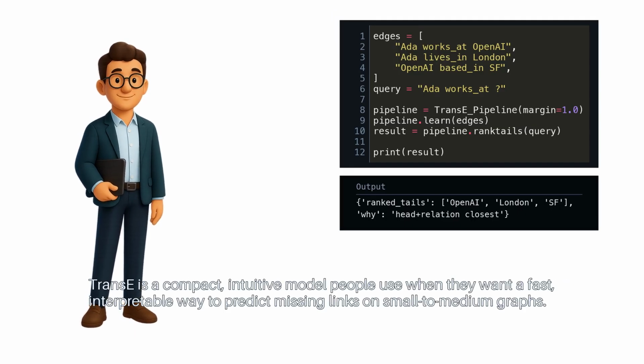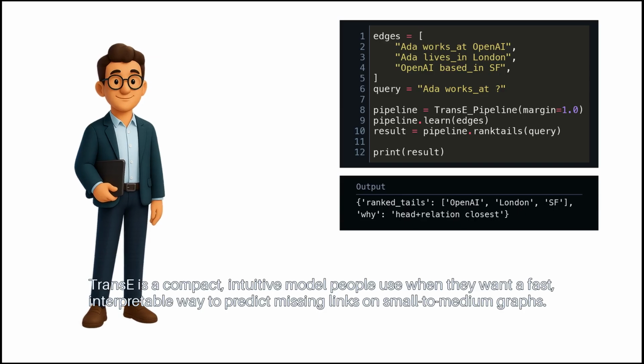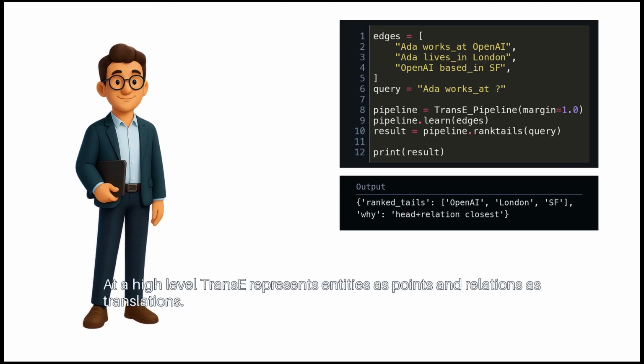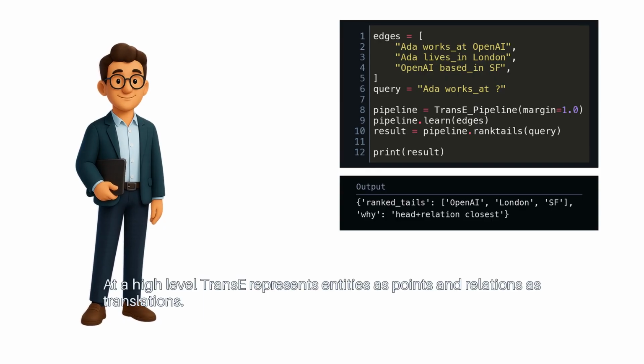TransE is a compact, intuitive model people use when they want a fast, interpretable way to predict missing links on small to medium graphs. It's simple and quick to run, but it can struggle with relations that map many heads to many tails. At a high level, TransE represents entities as points and relations as translations.